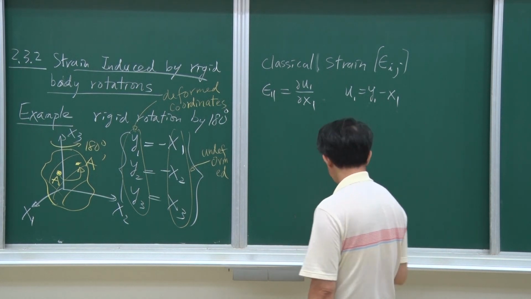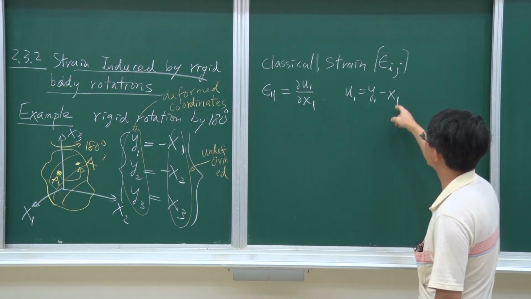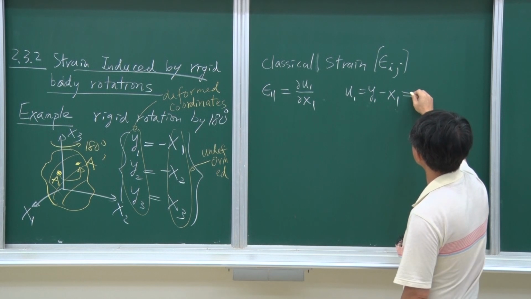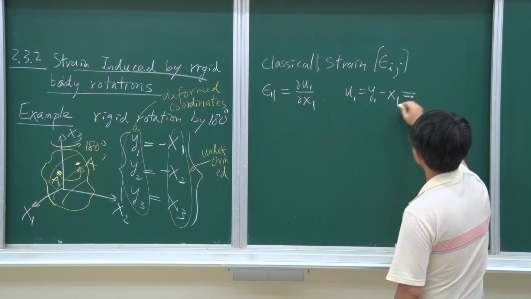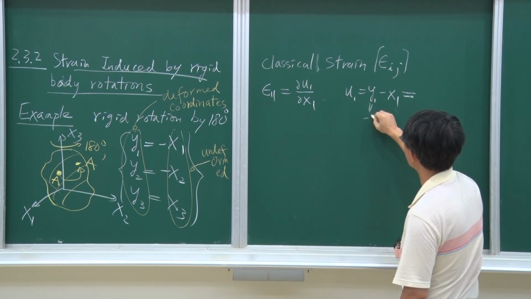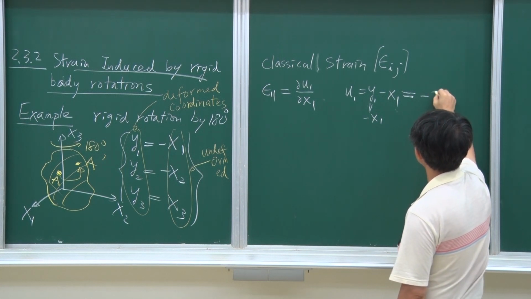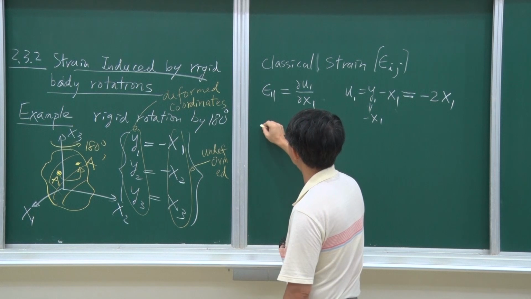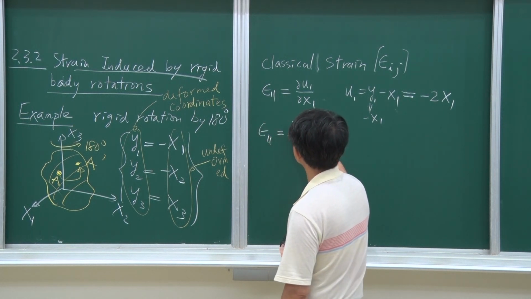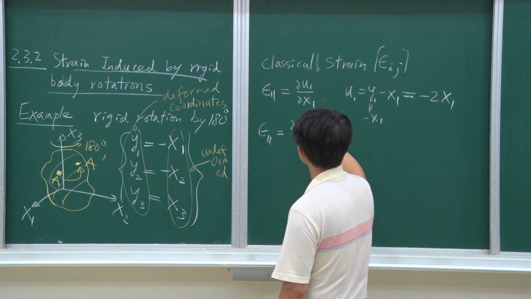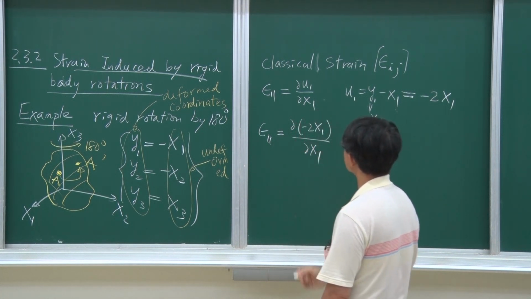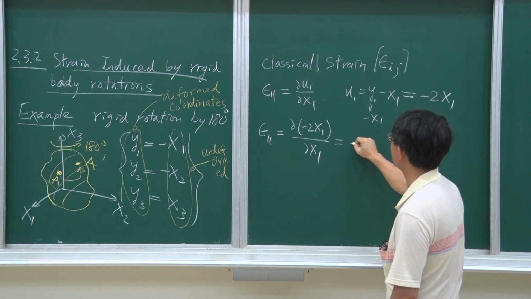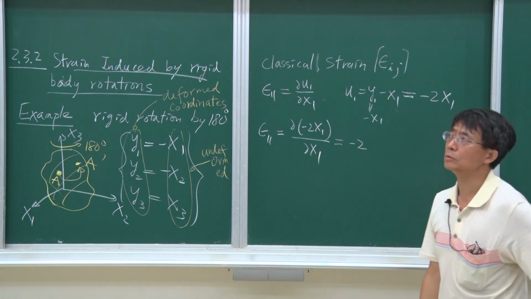So their difference is the displacement. In this example, y1 equals minus x1. We put it inside this formula, and it turns out to be minus 2.